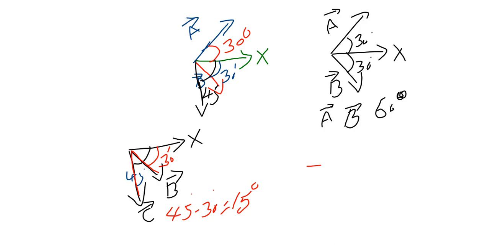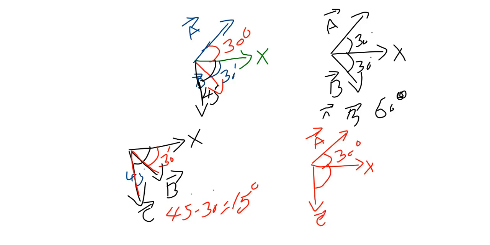A bar makes 30 degrees, and C bar makes an angle of 45 degrees with the x-axis.